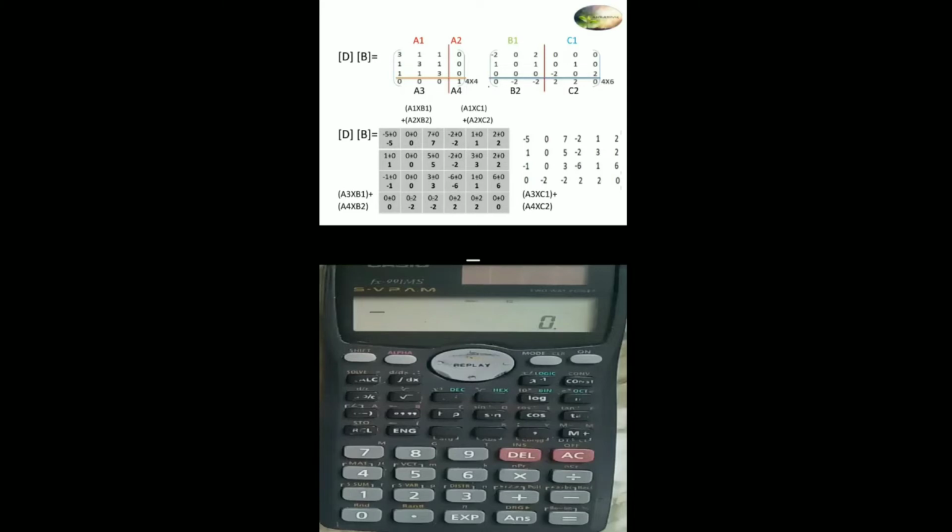Next we move to multiply B transpose matrix into D into B matrix. B transpose matrix is 6 cross 4 and D into B matrix is 4 cross 6. First divide the B transpose matrix column into 2, then the DB matrix column into 2, and take it as A1, A2, B1, C1.